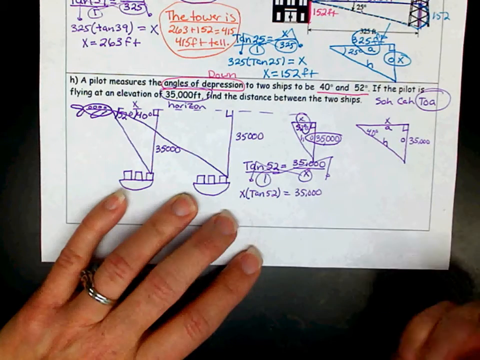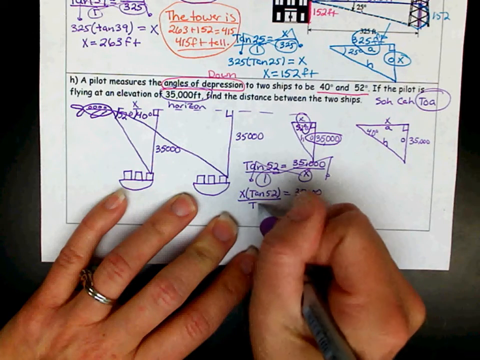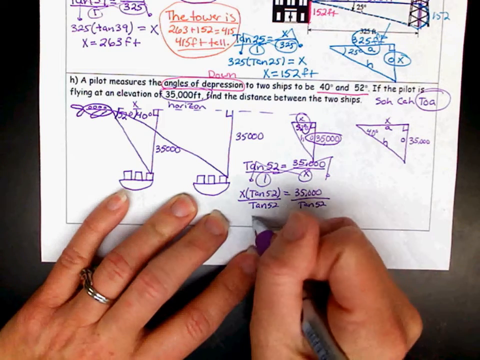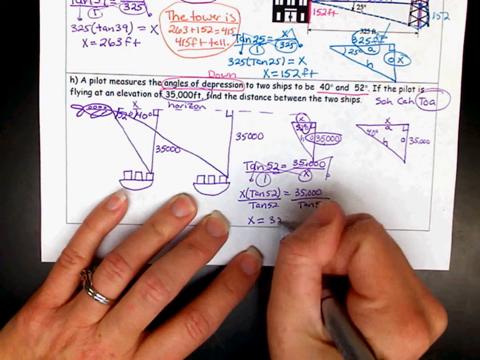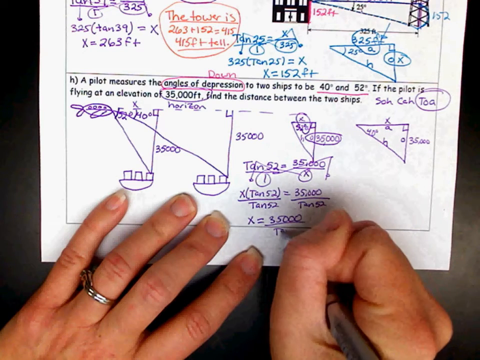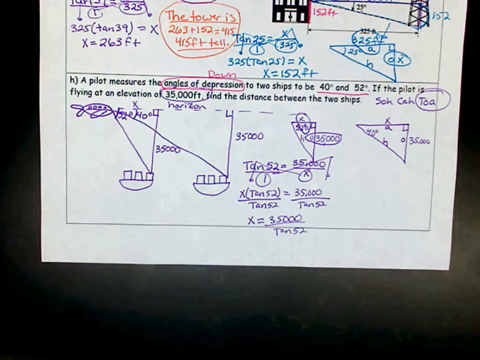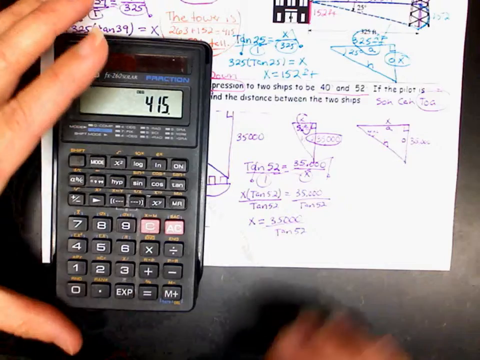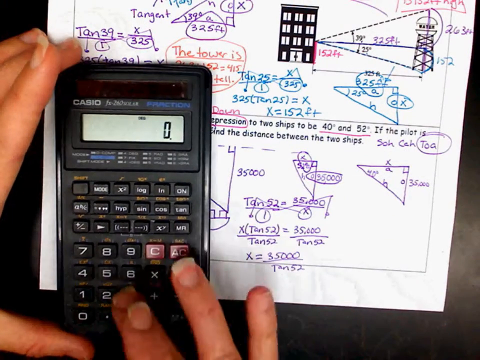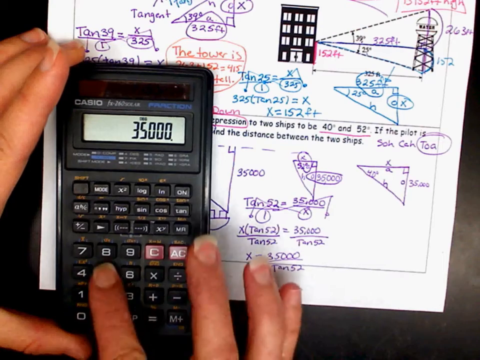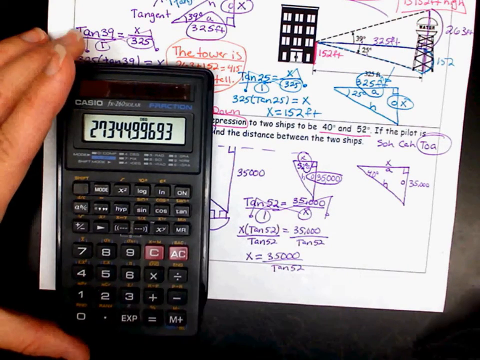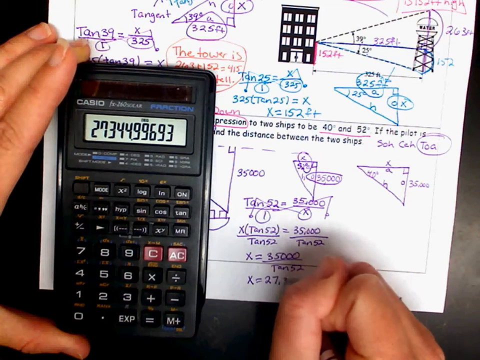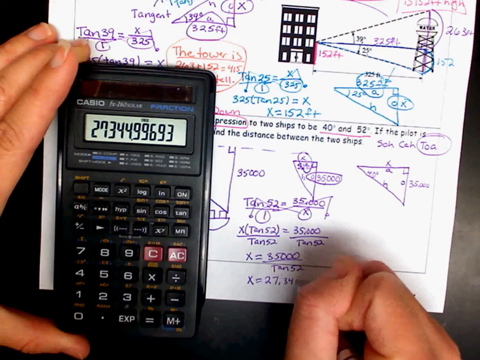I divide by tangent, and I get X equals 35,000 divided by the tangent of 52. So I get X equals 27,345, and that's feet.